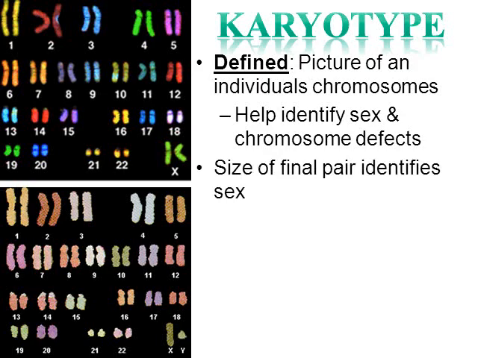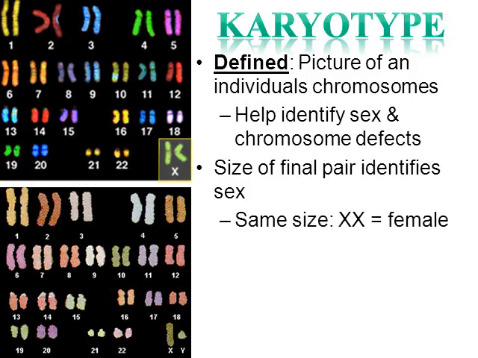First, let's look at how we determine the gender of the individual. When you look at this karyotype, you see that the chromosomes are numbered. Chromosome number 1 is bigger, chromosome 2 is a little smaller, chromosome 3 is a little smaller, chromosome 4 is a little smaller, and all the way down. Then we get to the final pair, and these are called the sex chromosomes. Notice the flashing yellow box surrounding what is known as the XX chromosome combination.